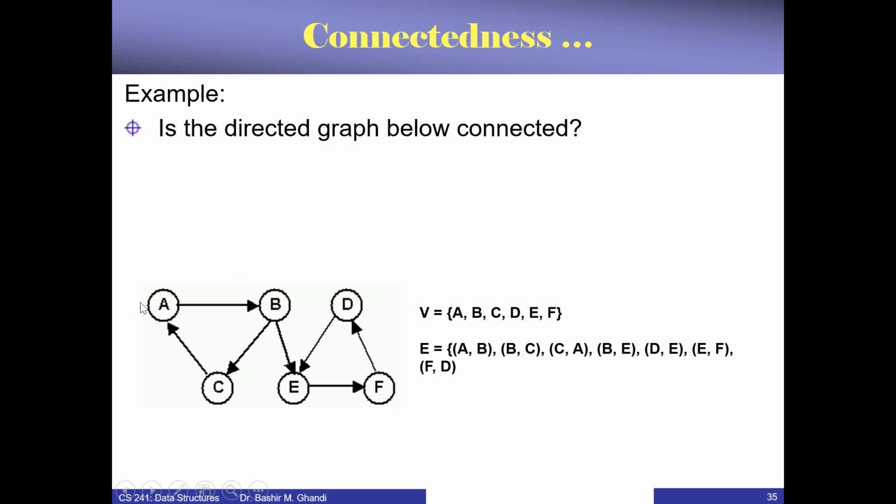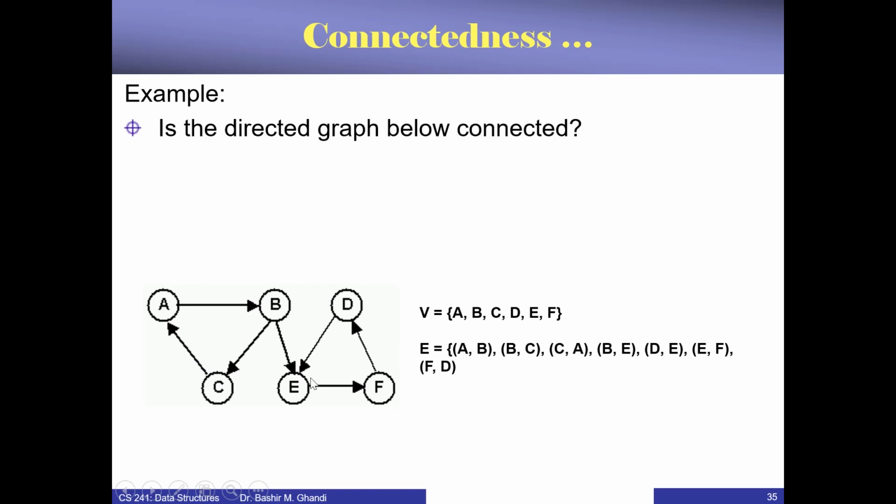So if that is the case, that you can reach the vertices if you ignore the direction of the arrows, then obviously the graph will be connected. You will be able to get a path from every vertex to every other in this graph if you ignore the direction of the arrows. So in that case the graph is said to be weakly connected.